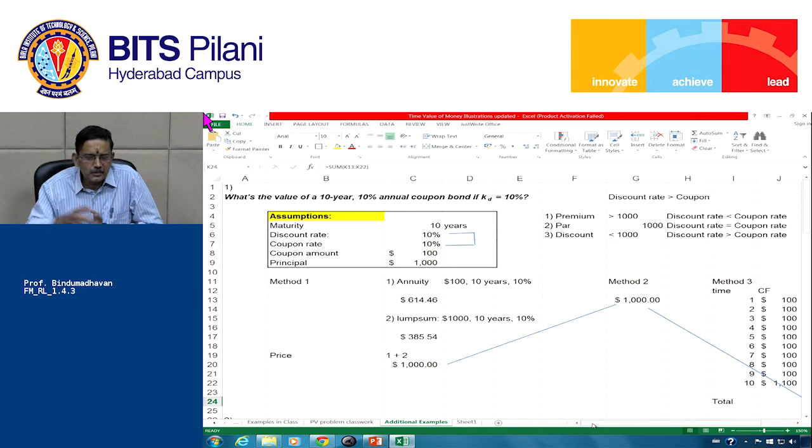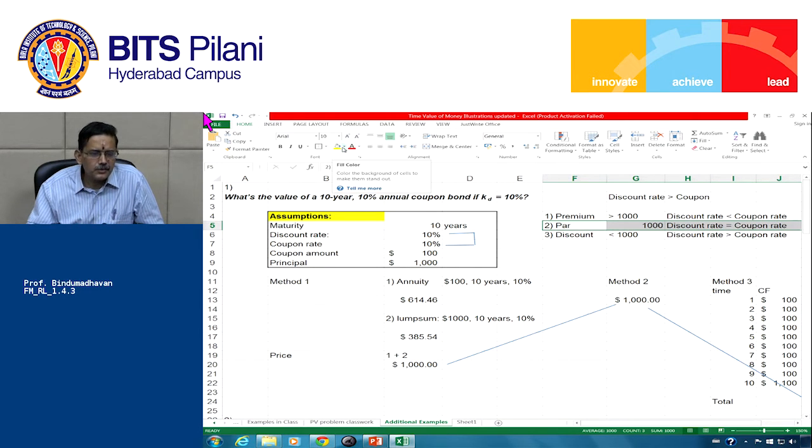The reason is that whenever the discount rate is equal to the coupon rate, then always the price will be equal to the par value. Then we say that the bond is trading at par.